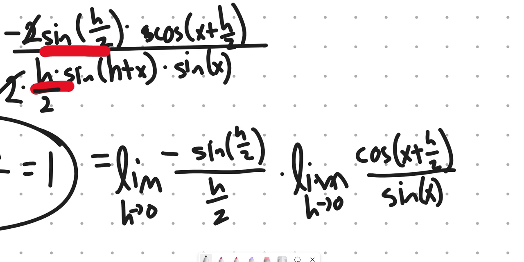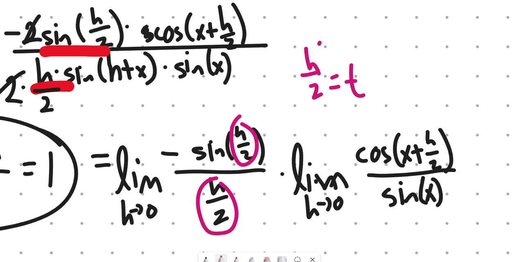Let's say h over 2 is equal to t. When h approaches 0, t also approaches 0, so nothing will change. So this will approach negative 1, since we have the negative in front.